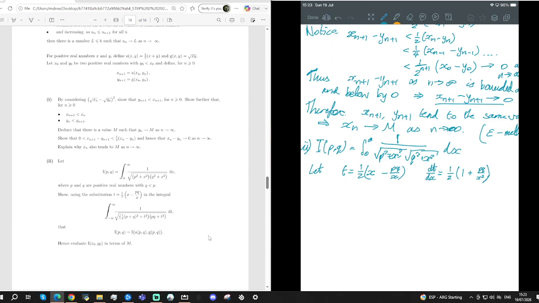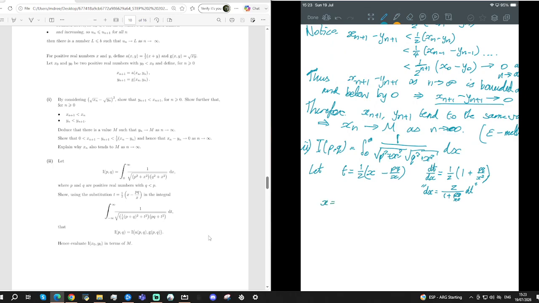I don't really like using this notation, but it is going to help us out here. The dx is going to be equal to 2 over 1 plus pq over x squared dt.